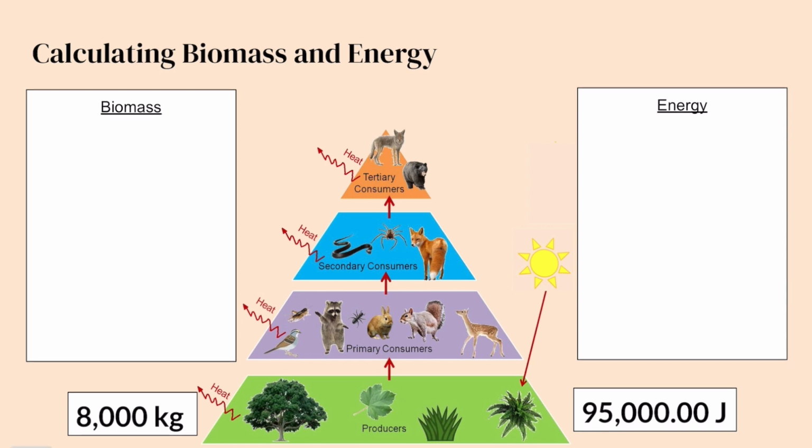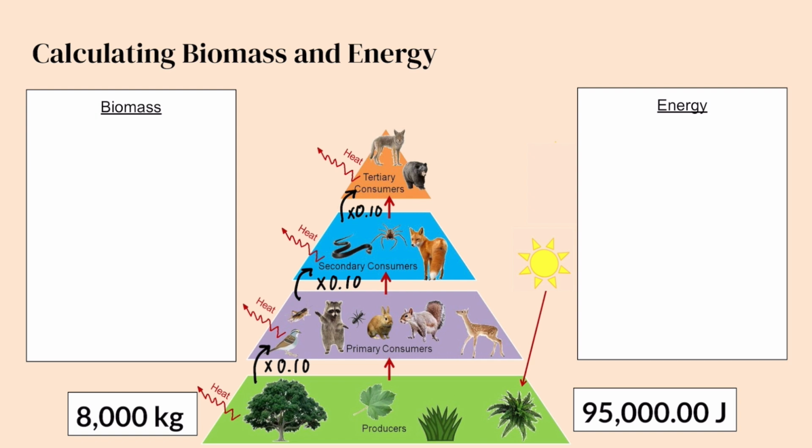So when you go from producers to primary consumers, you multiply by 0.10, that's our 10%. To go from primary consumers to secondary consumers, you multiply by 0.10, and from secondary to tertiary 0.10. So multiplying by 10% each time.